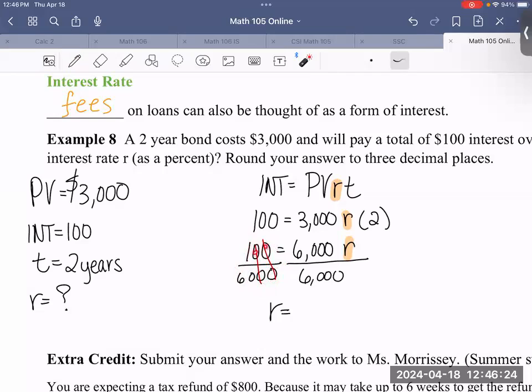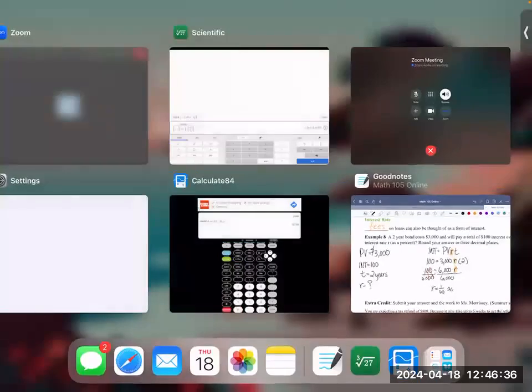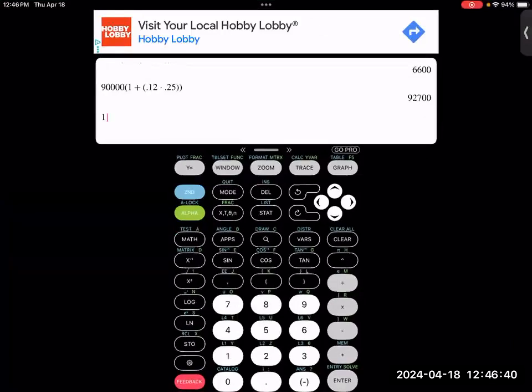So this one has 2, this one has 3, you can only cancel out 2 of them. So R is 1/60, which let's place into your calculator and have your calculator round. So we can do 1/60. Actually, I'll show you. I wonder if this will do it. No, it probably won't. 1/60.